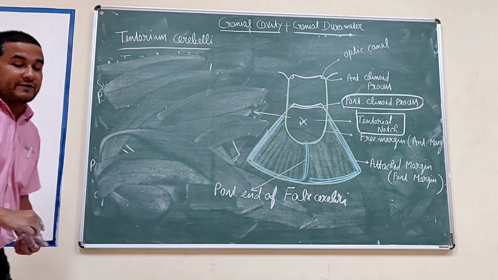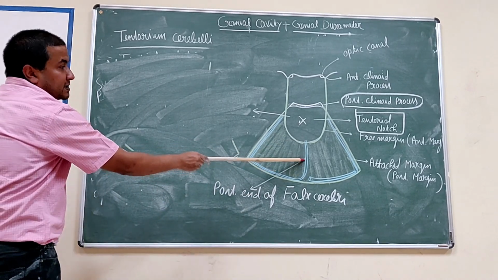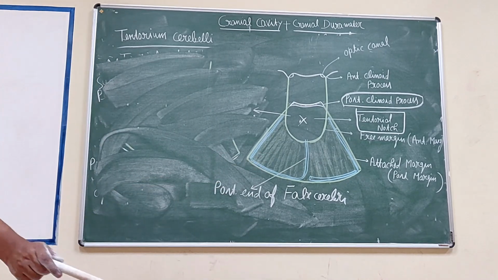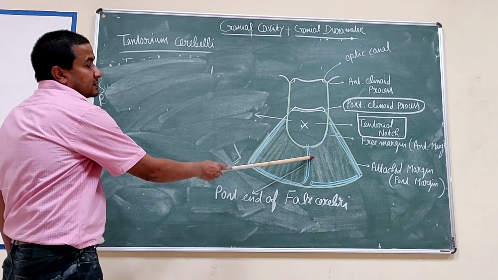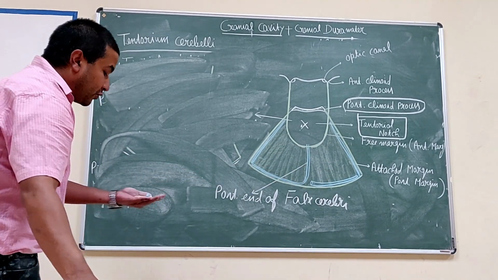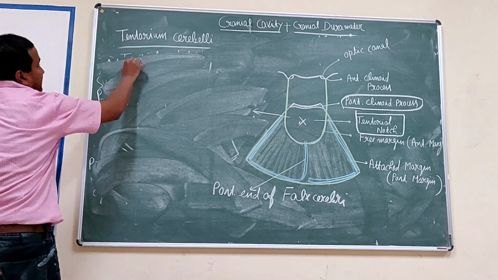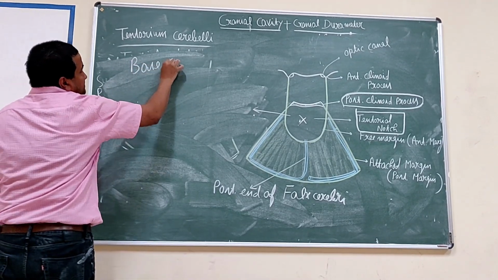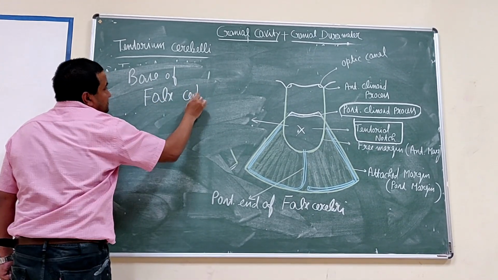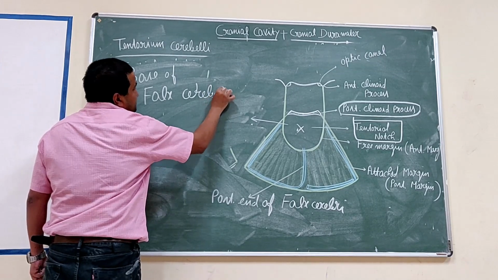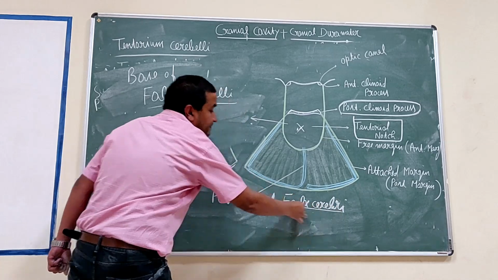The posterior end of the falx cerebri is attached to the median line on the superior surface of this tentorium cerebelli. While the inferior surface, the posterior part, provides attachment to the base of the falx cerebelli. It is the cerebelli and it is the cerebri.